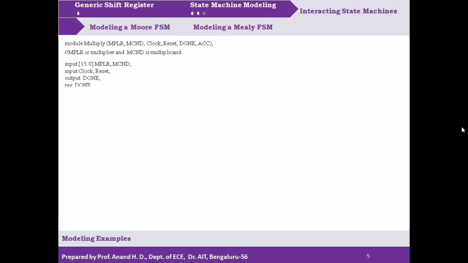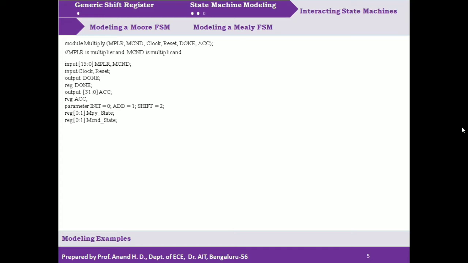Next, we need to declare these parameters. So we have inputs MPLR and MCND, that is multiplier and multiplicand, both vectors of size 16-bit each. Then we have two inputs, clock and reset. Then the output signals are done, which is of type reg, and then the accumulator, which is of size 32-bit.